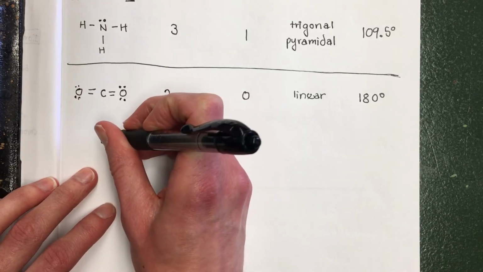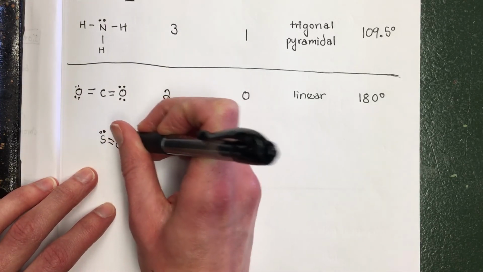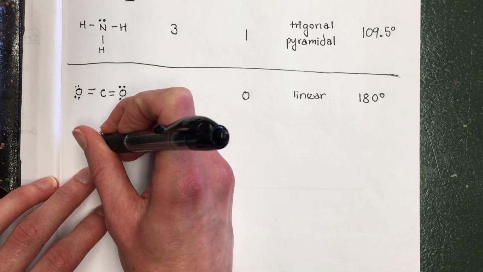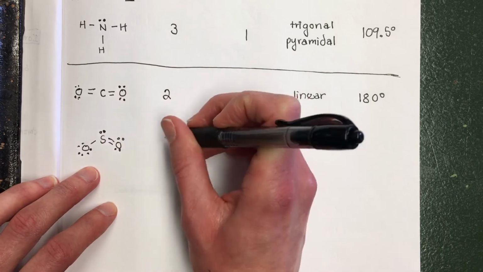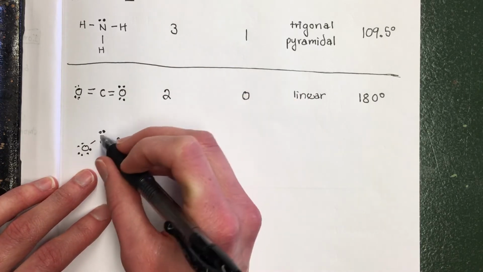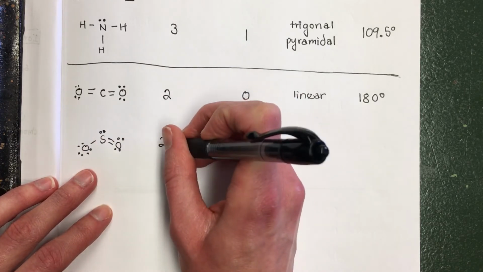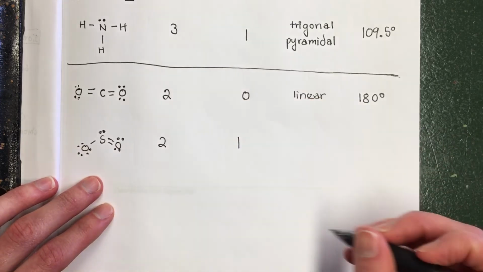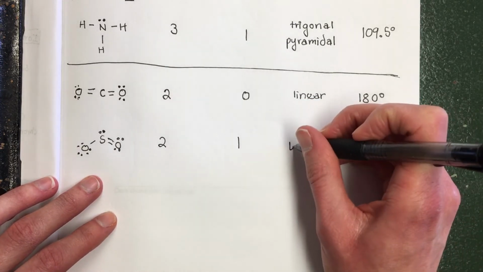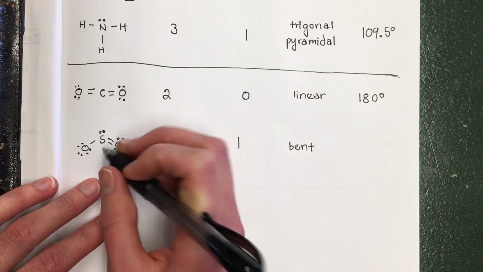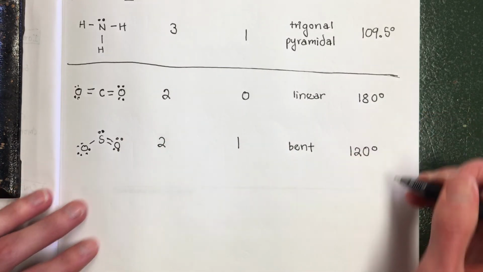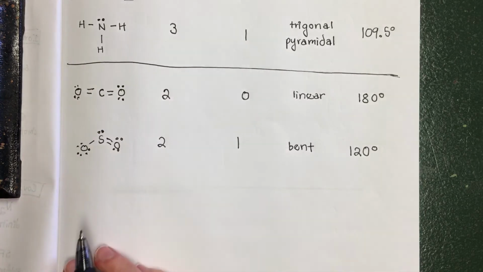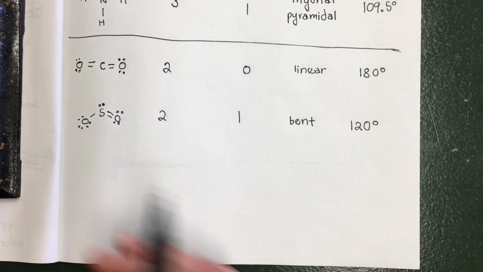Now, if we have lone pairs, like sulfur dioxide does, on the center atom, it's going to be a different shape. So we've got two bonding groups, because two oxygens, and one lone pair. That shape is called bent. And the angle here is going to be 120 degrees. So it's kind of like trigonal planar, but without the atom at the top here. So that's bent, and then there's one more I want to draw.